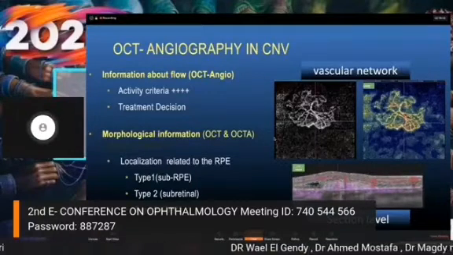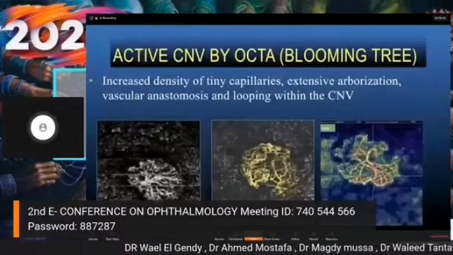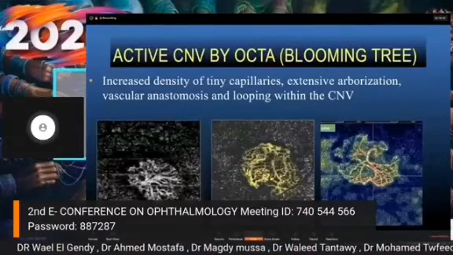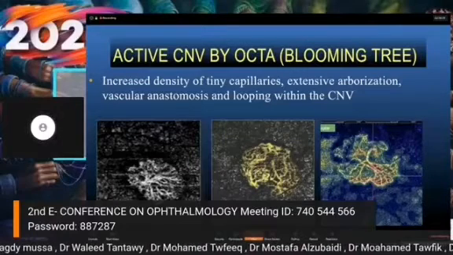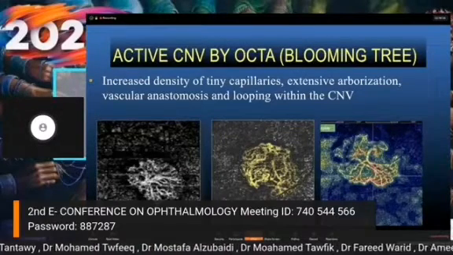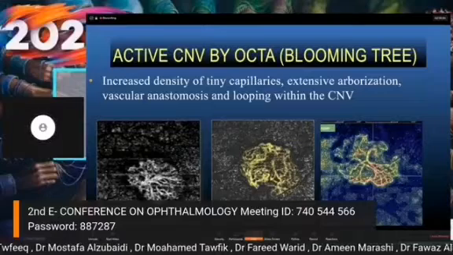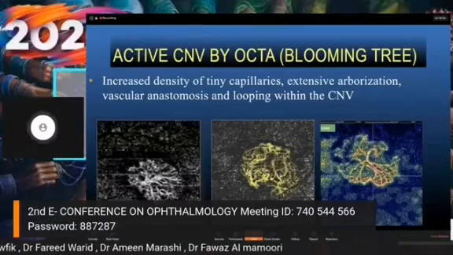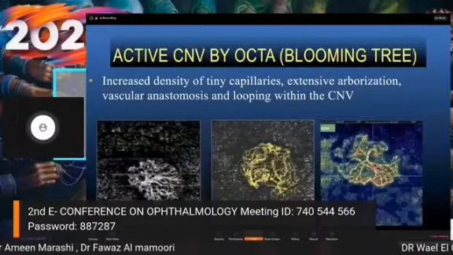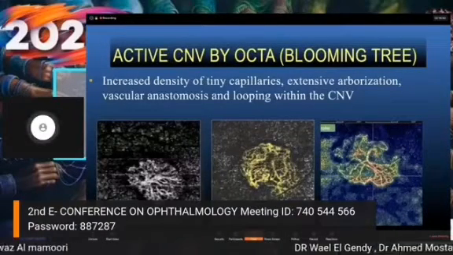To know if the CNV is active or not, we have to look at the OCTA. There is increased density of these capillaries. There is anastomosis at the periphery and arborization of the membrane. All these are signs of activity, and this is the density map where the flow is very high in the main trunk and in the arborizing vessels.